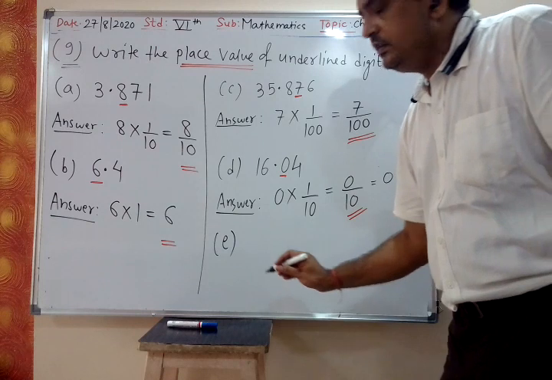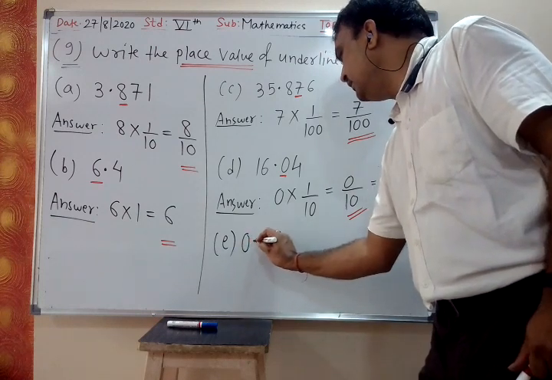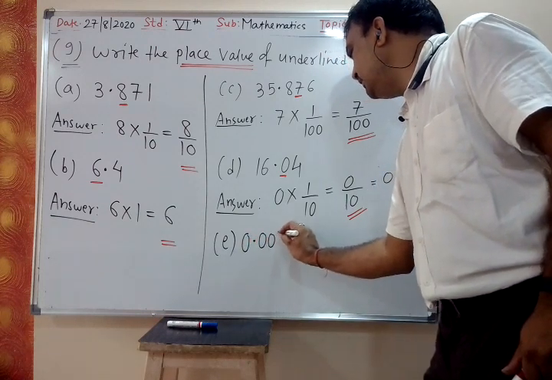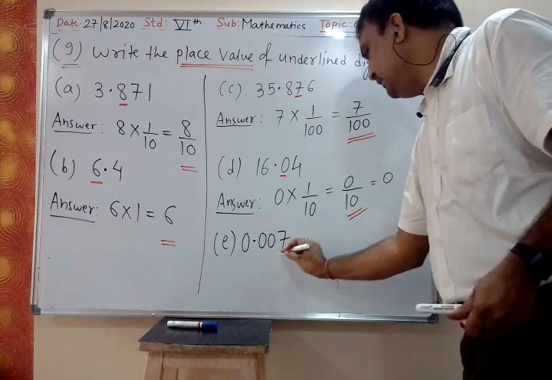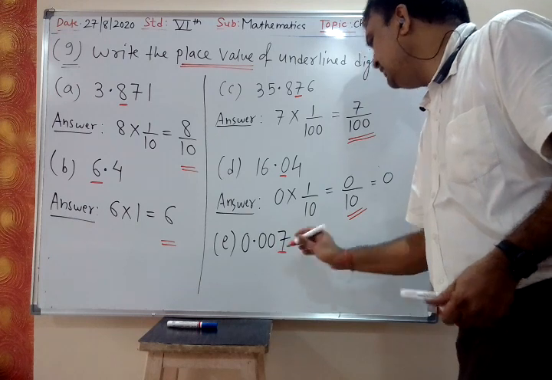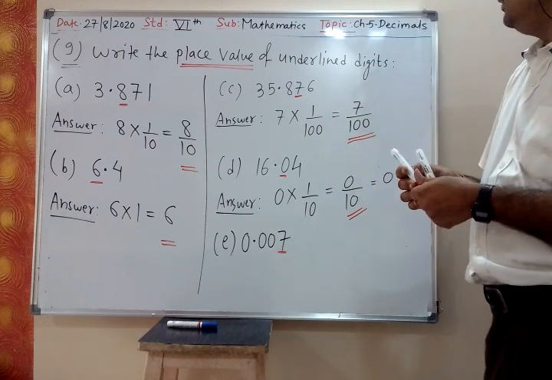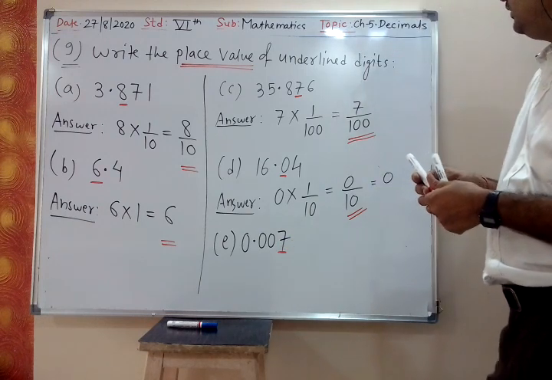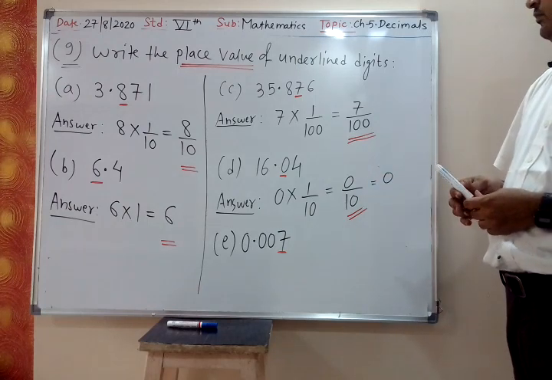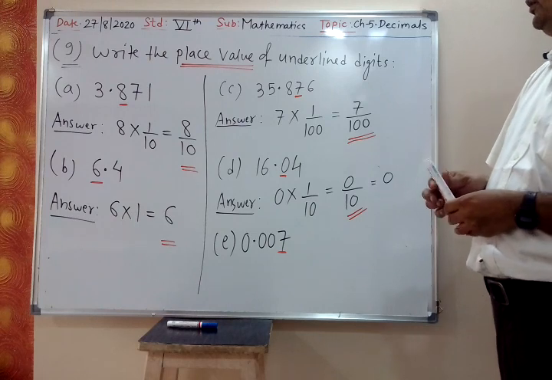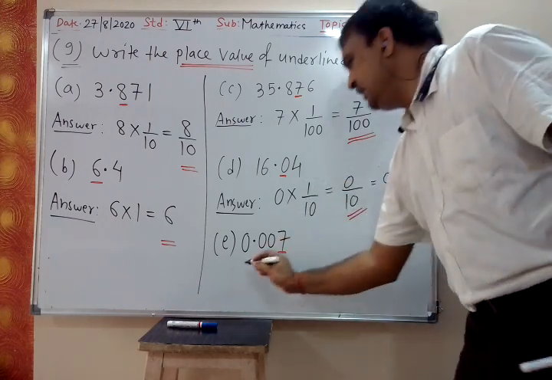E, 0.007. Yes. So now for 0.007 you have to write the answer.